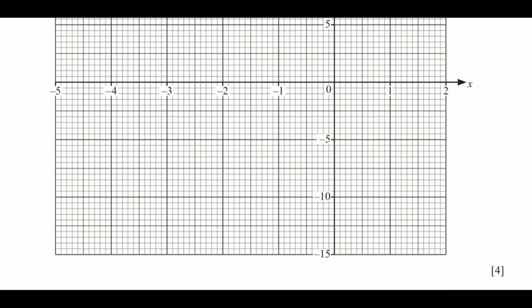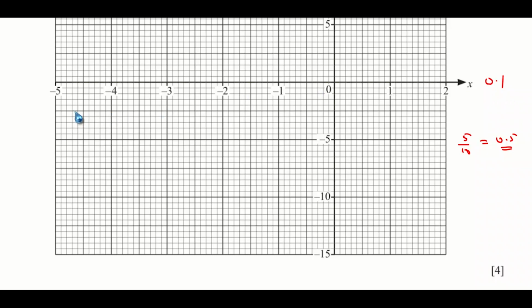Don't forget that the value of a line on the y-axis is 5 divided by 10, that will be 0.5, and the value of a line along the x-axis will be 1 divided by 10, that will be 0.1.